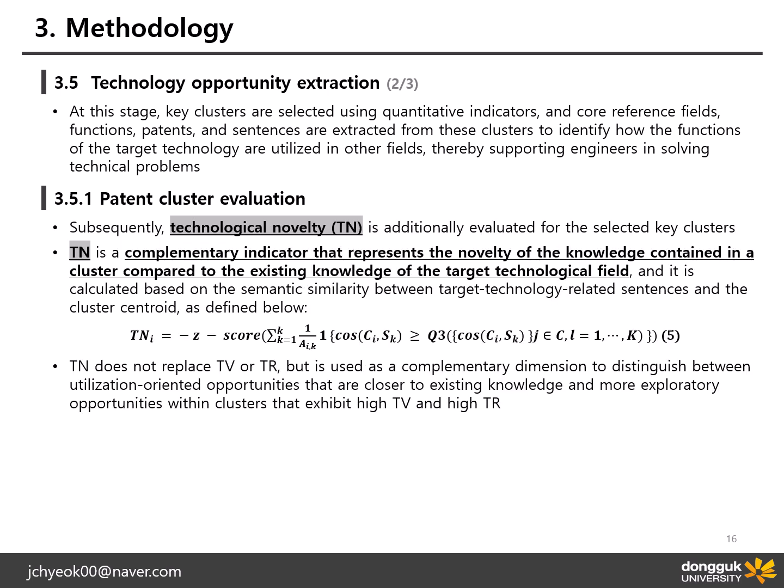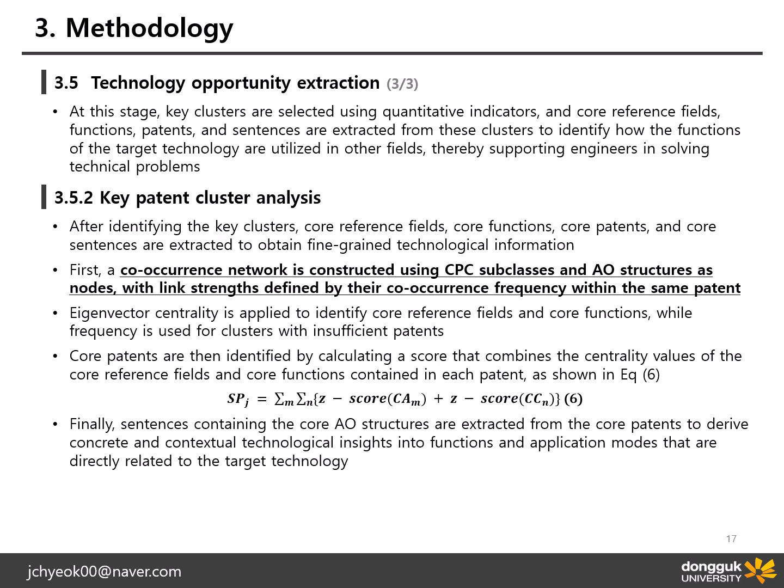For the selected clusters, technological novelty is additionally evaluated as a complementary indicator to distinguish exploitation-oriented opportunities from more exploration-oriented opportunities based on their similarity to existing knowledge. After identifying key clusters, fine-grained technological information is extracted by sequentially identifying core reference builds, functions, patents, and sentences.